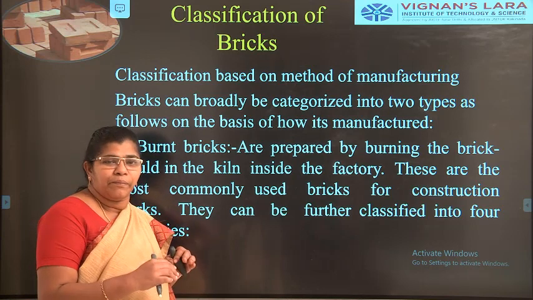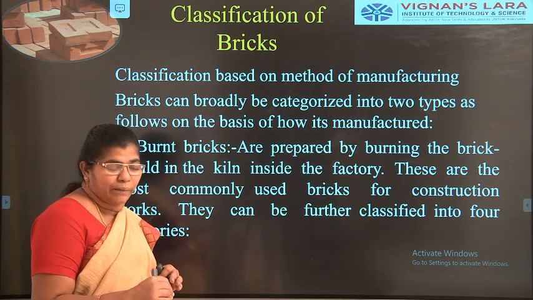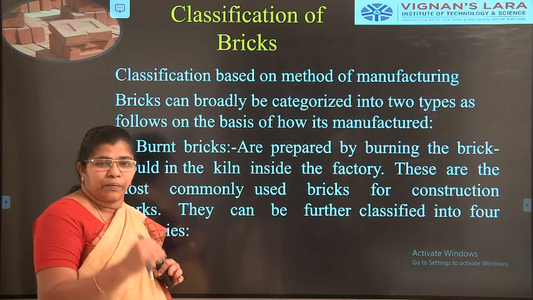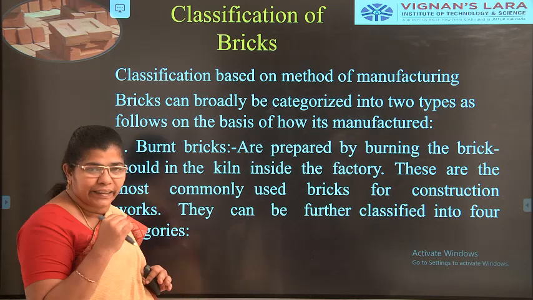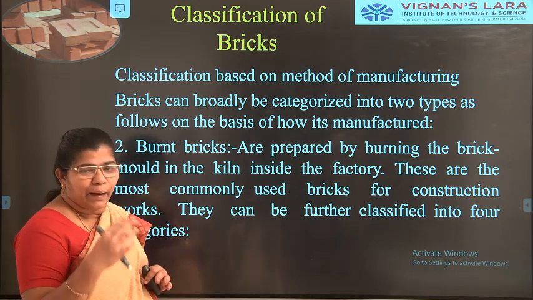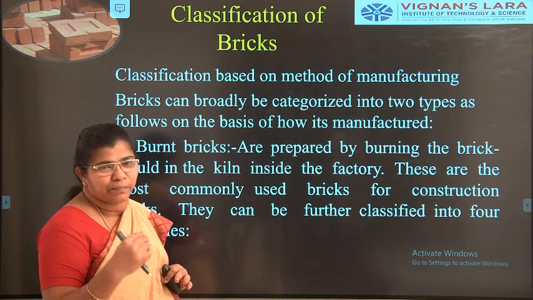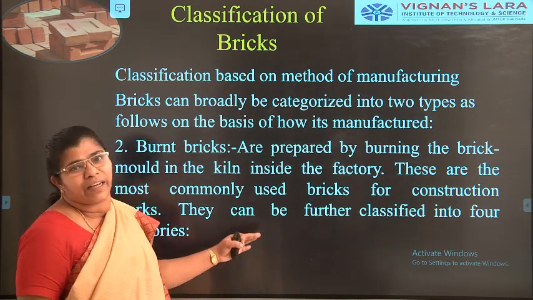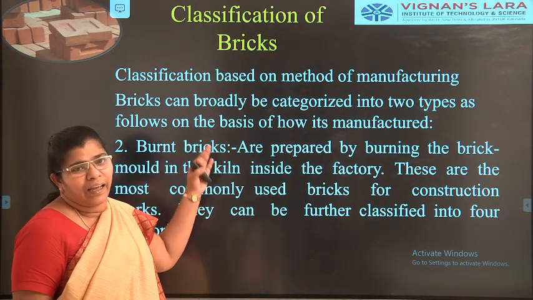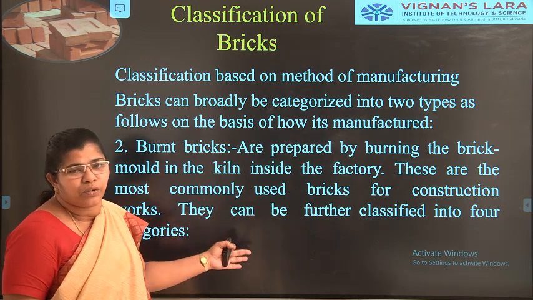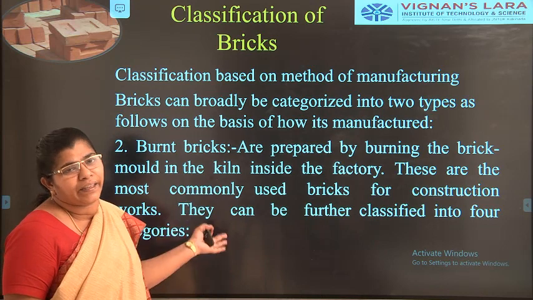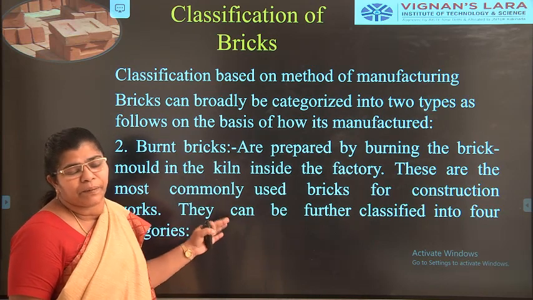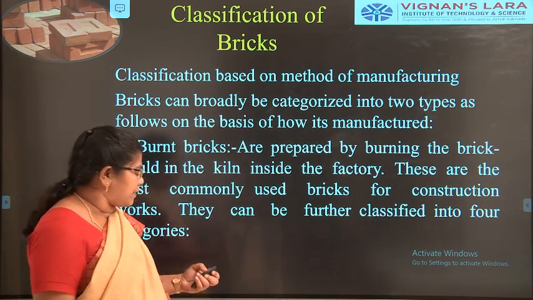The lime along with the silica content in the earth will combine together and form calcium silicate, which will increase the strength. So this brick will have more strength compared to the underburnt bricks. This is used for permanent purposes, whereas the underburnt bricks are used for temporary structures.